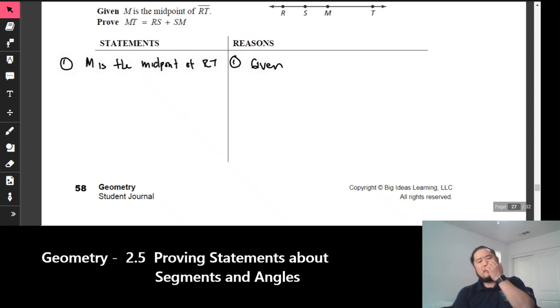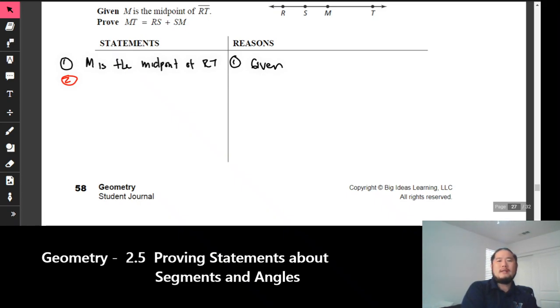So if M is the midpoint of RT, there are definitely some things that I should know about this segment. Remember, the segment is going to be split up into, hopefully you realize, two congruent parts.